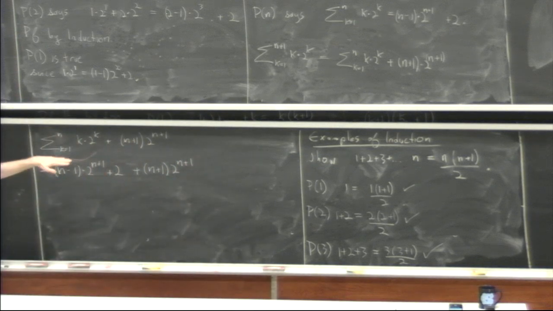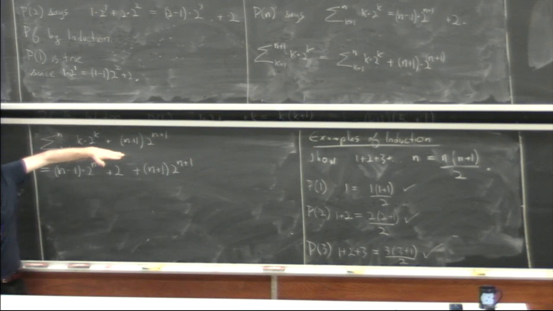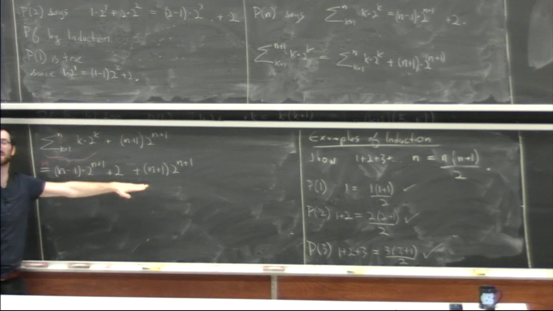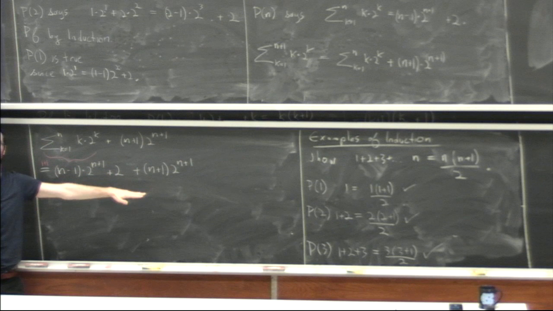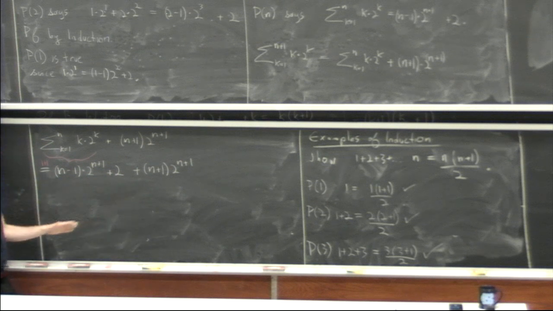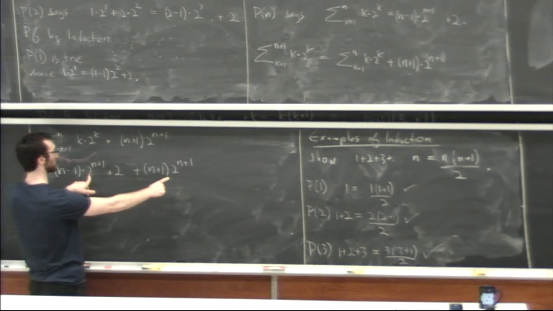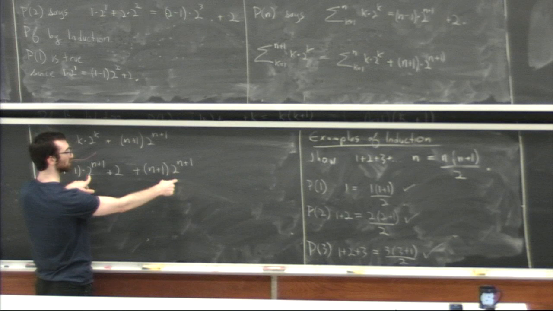So the inductive hypothesis is what allows me to translate from the left-hand side of P of n plus 1 to some different expression that I can work with algebraically. And so now, indeed, what I should do is work algebraically. What I see is I have a 2 to the n plus 1 over here and a 2 to the n plus 1 over here.